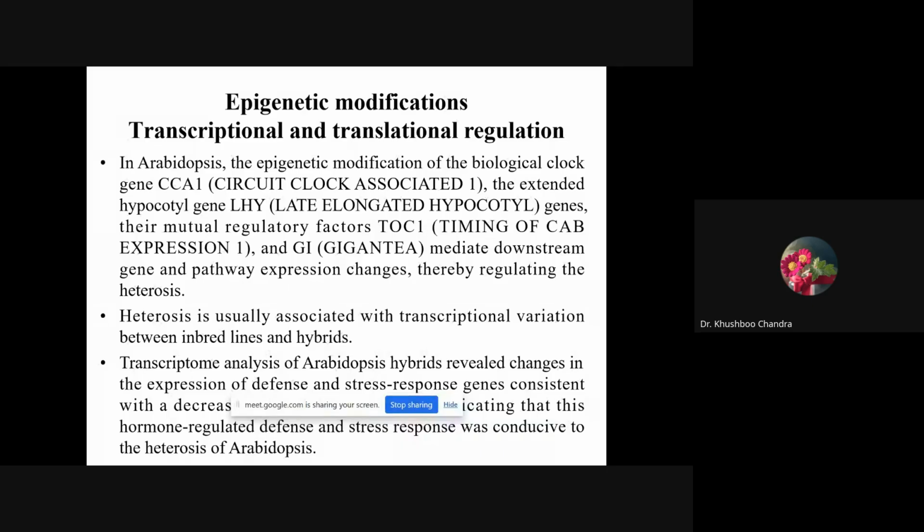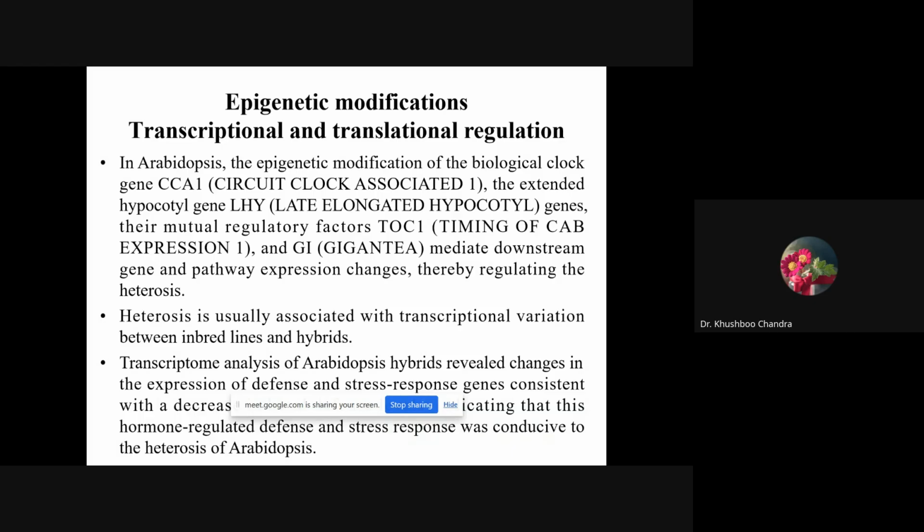Now epigenetic modification will also regulate different gene expression without changing the DNA sequence. In epigenetic modification, only the expression of genes gets altered. You are not going to change any DNA sequence.